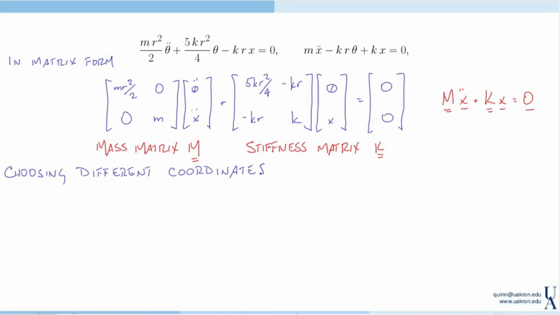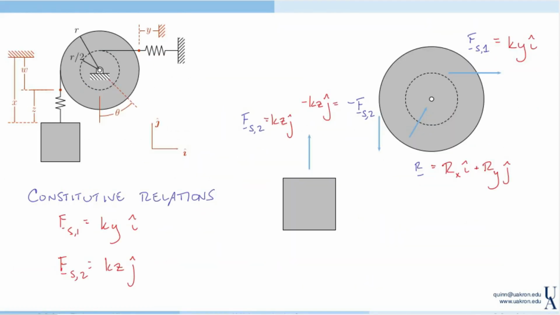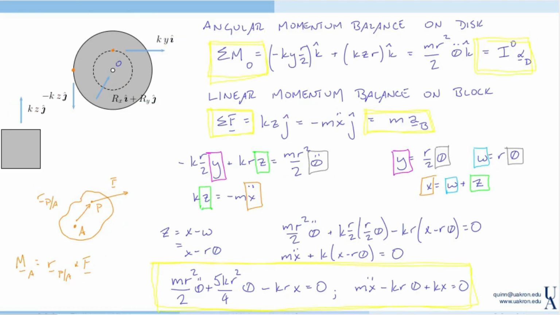So, for example, let's choose W and Z. This is about the most unusual set of coordinates I could think of for this problem. So we're going to describe the motion of this system now in terms of the displacement of the upper point of the spring, W, and then Z, the stretch across the spring.